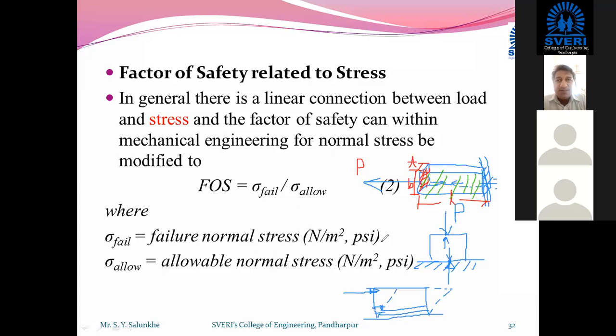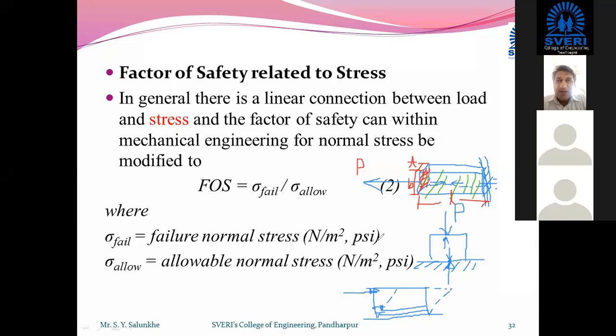Here sigma is the stress, whether tensile, compressive or shear. Generally we do not denote shear by sigma; we use tau for that. So shear stress can be considered separately, but we denote tensile and compressive by sigma. So the value of tensile stress at the time of failure of the material, divided by the allowable stress in that material, is also called the factor of safety.